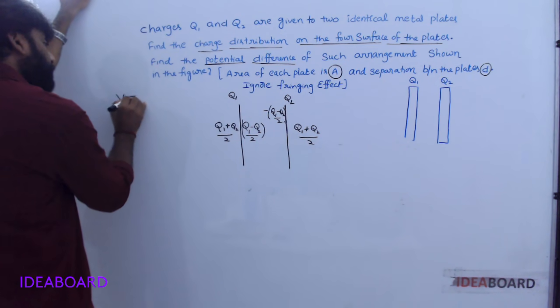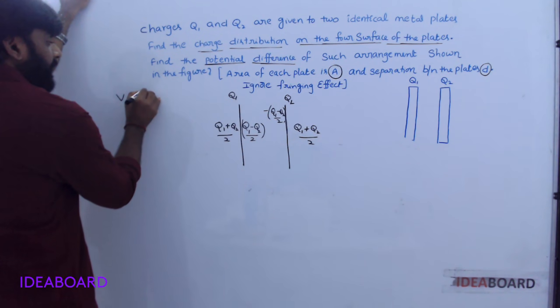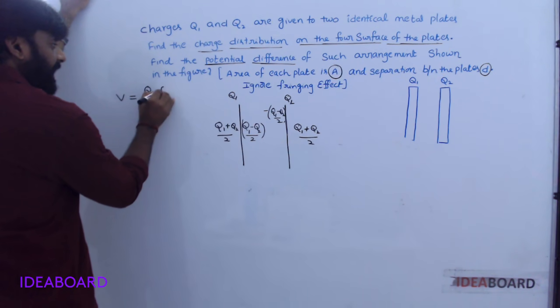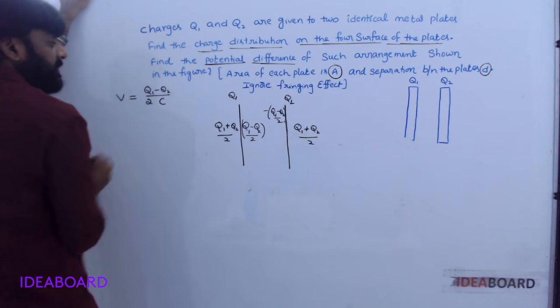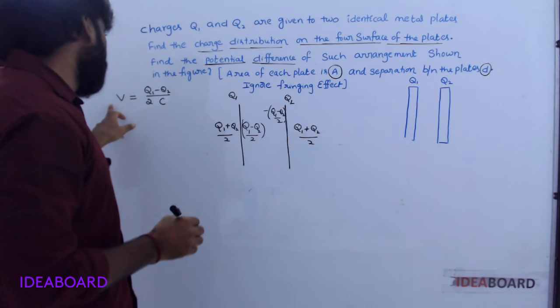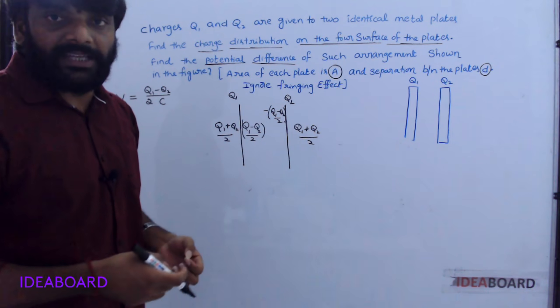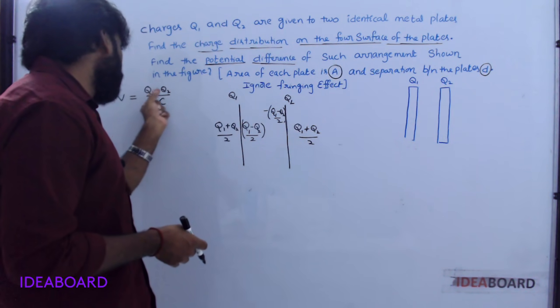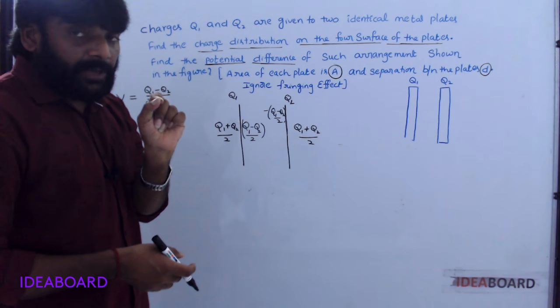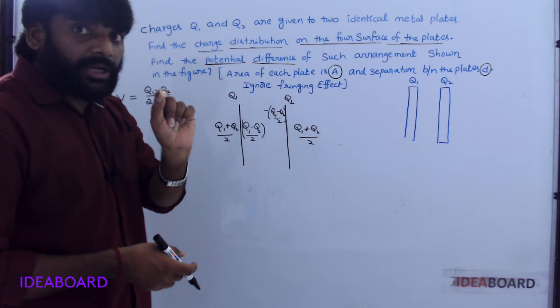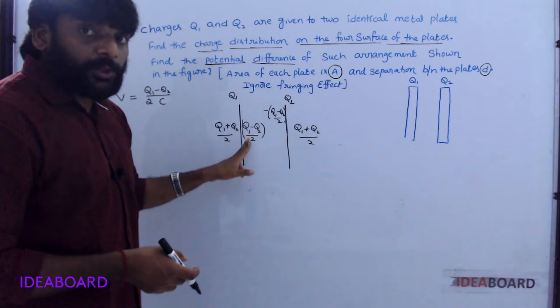V is equal to what? Generally V equals Q by C. What is the charge here? (Q1 minus Q2) by 2. You know already, the charge on the capacitor means you consider only the charge on the inner surface of the positive plate.